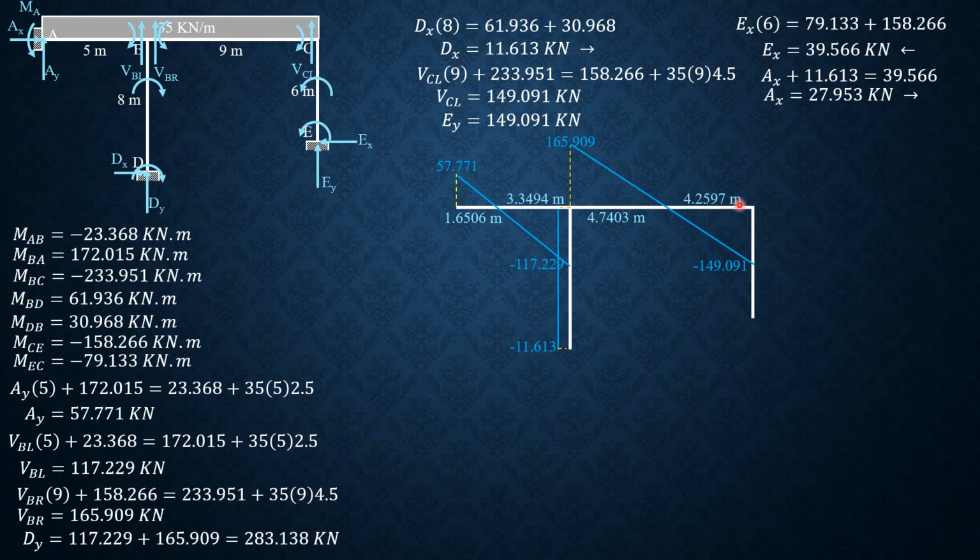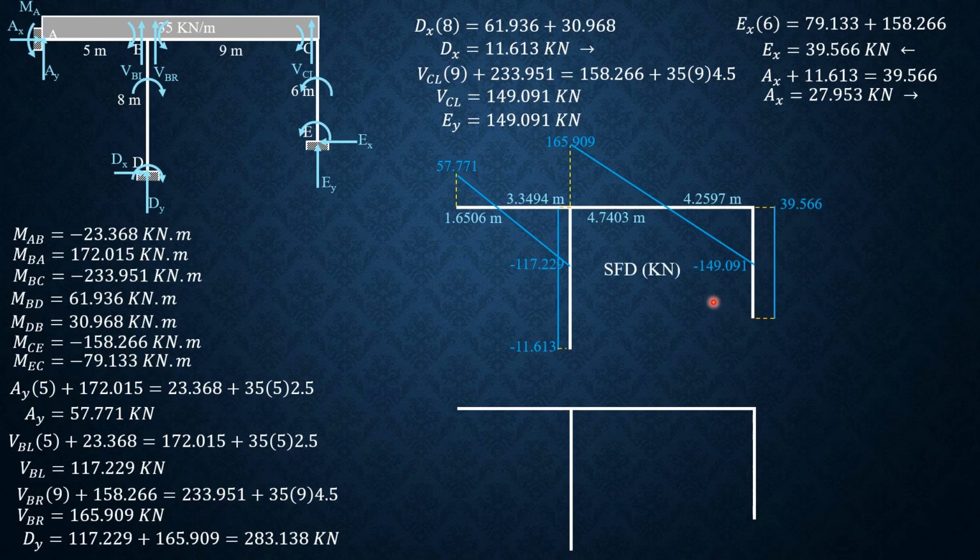So therefore we move right equal to EX, 39.566, then constant, then it closes here because we have EX 39.566 going left. That's the shear force diagram in kilonewtons.